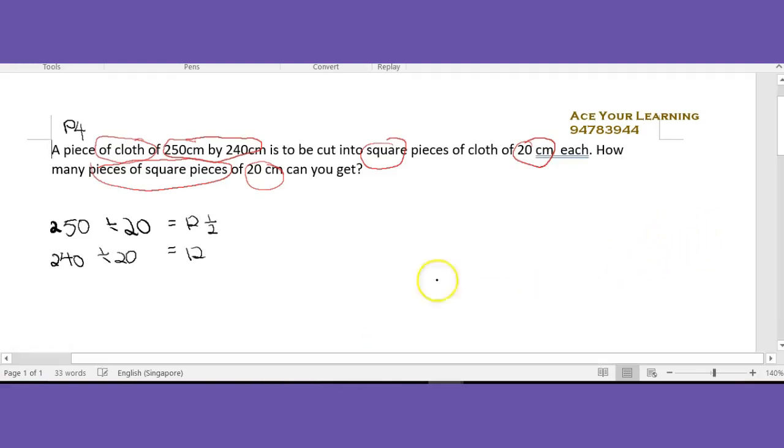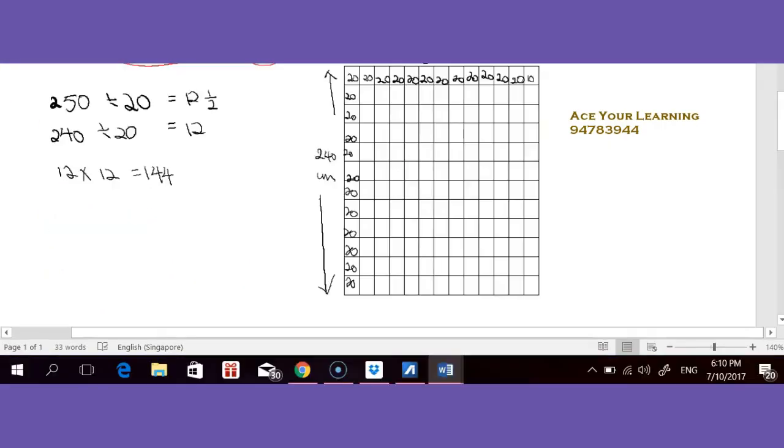Look at the first one, which is 12 and a half. What does 12 and a half mean? It means that you can get 12 pieces of 20 cm. The remaining half will not be complete. It can't give you another 20 cm. So you only have 12 pieces of 20 cm. As for 240 divided by 20, it will give you 12 complete 20 cm.